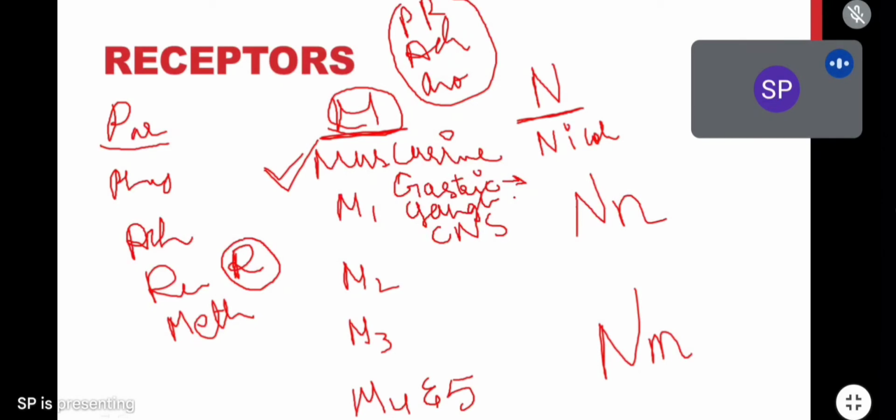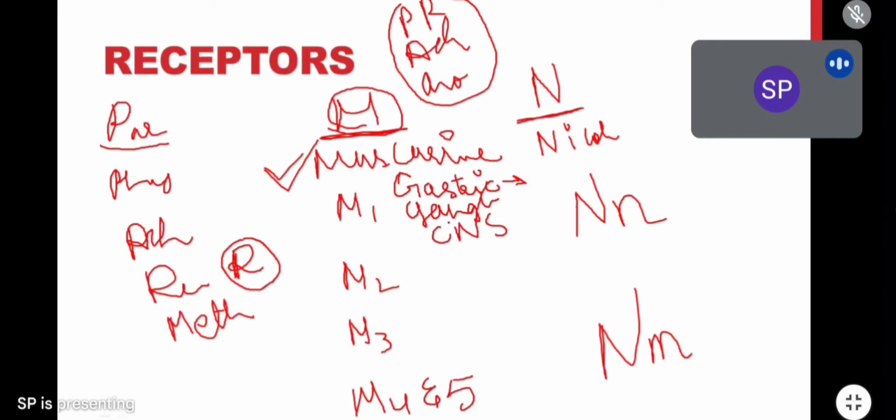Like we have gastrin hormone, we have incretins, we have CCK, we have pancreatic related some hormones we have in the GI tract. So gastric acid secretion and gastric hormone release will be increased when M1 receptor is activated in the gastric tissue. Clear? Number 2, M1 is also present in ganglia.